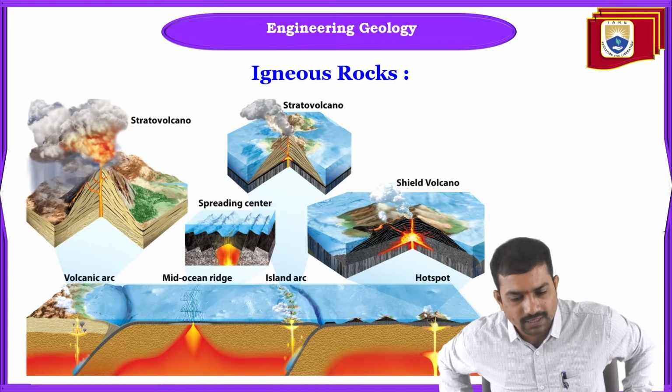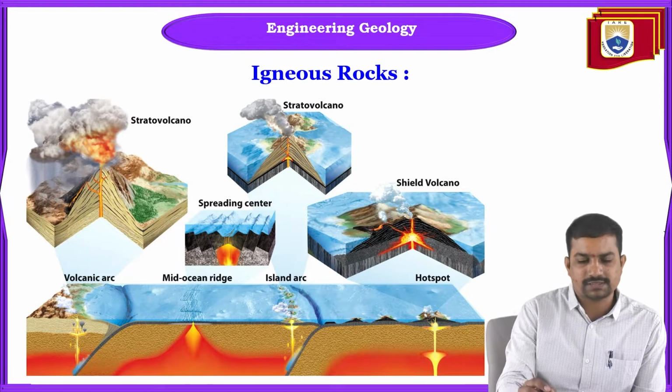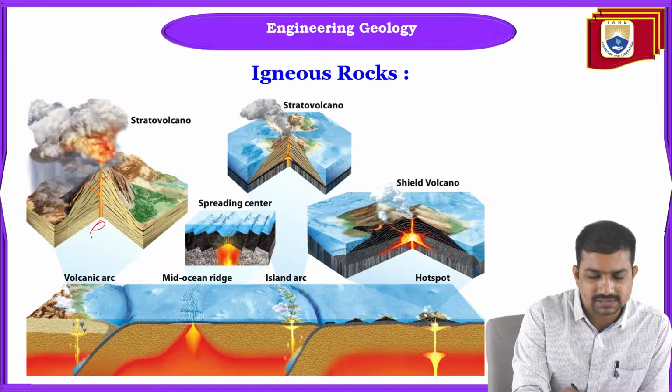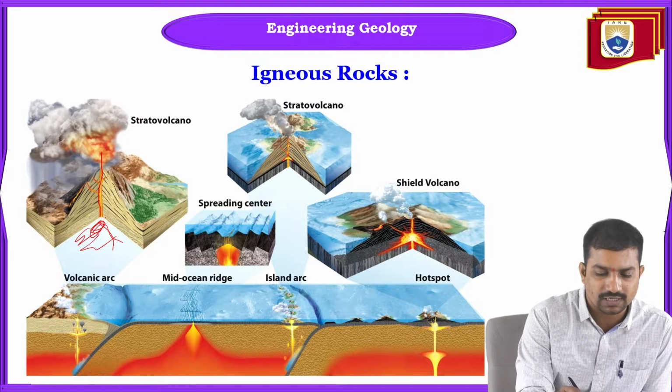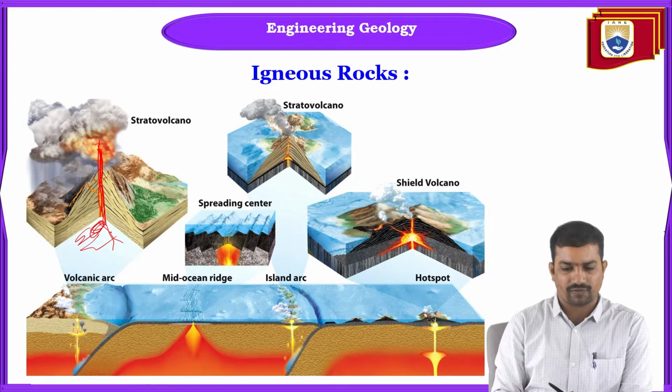So these are the various types, where we can see the stratovolcano. From deep inside the crust, due to high temperatures, there is a passage for the hot liquid, which is again converted into rocks.